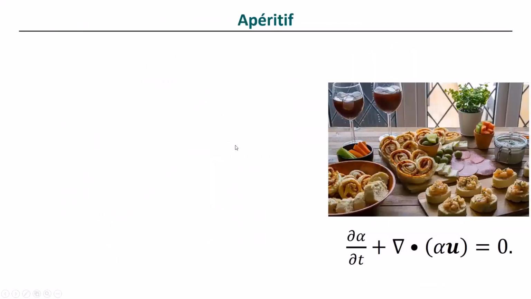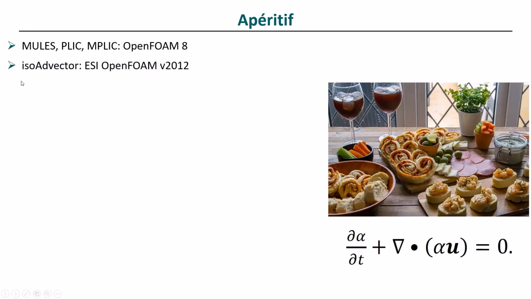Coming to the main topic, the comparison of the models. I compare the algebraic MULES and the geometric PLIC and MPLIC from OpenFOAM 8, the Foundation version. Then I use isoAdvector from the ESI version 2012. In the benchmark, I didn't use large eddy simulations; for simplicity, I used the k-omega model.